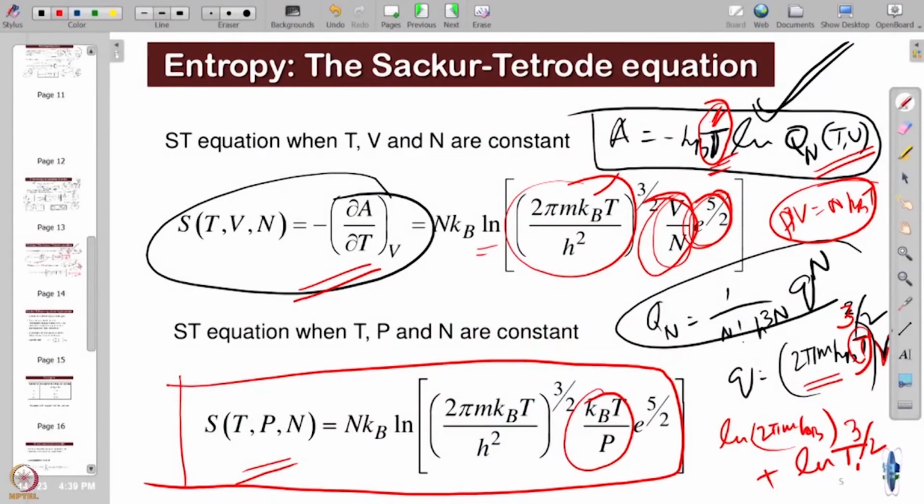So, this is more of an experimental thing. Then this is an exact expression of the entropy of the system.